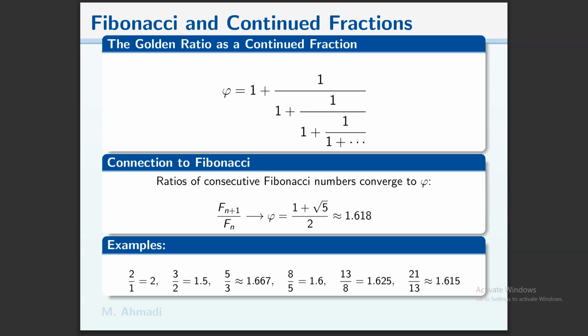Let's say the summation of three terms equals 1 plus 1 over 1 plus 1 over 1, which equals 3 over 2, which equals 1.5. For the summation of four terms of the continued fraction, it is 5 over 3, which is approximately 1.666.